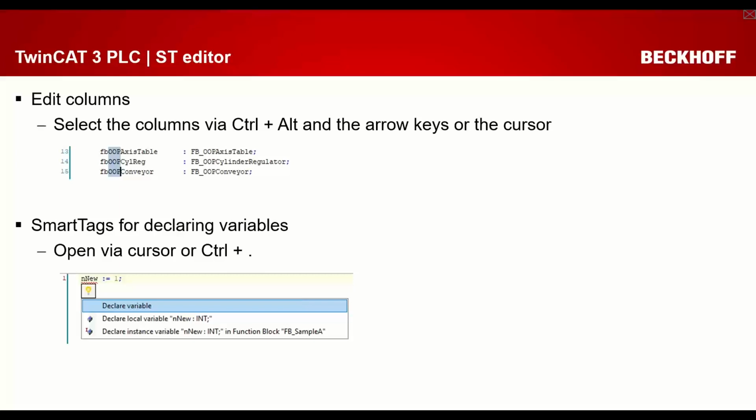Here in this case, you can use, again, the cursor or a different set of keys to open the smart tags, and you get access to either the dialog, this is the first entry in the list, so the auto-declare dialog, or you can directly locally instantiate this variable or decide to instantiate it in the function block itself if you run a method, for example.